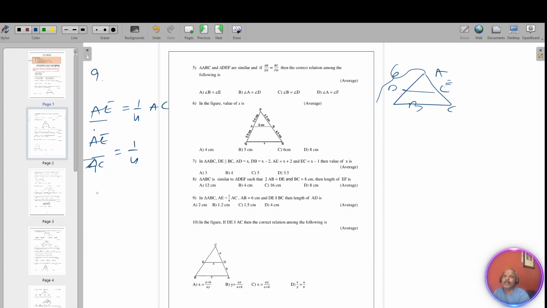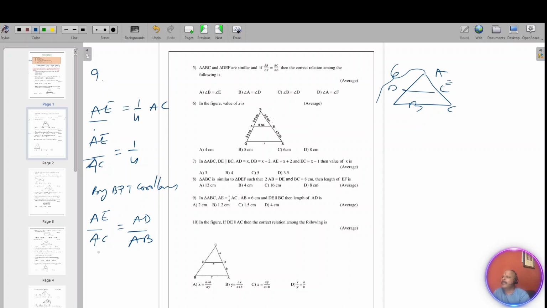AD they asked. So by BPT corollary, what we get is AE by AC is equal to AD by AB. Remember, BPT corollary is very important. If you don't have that knowledge, please go and watch the triangles chapter on my YouTube page. I solved all the problems of the exercise and I've given the concepts also.